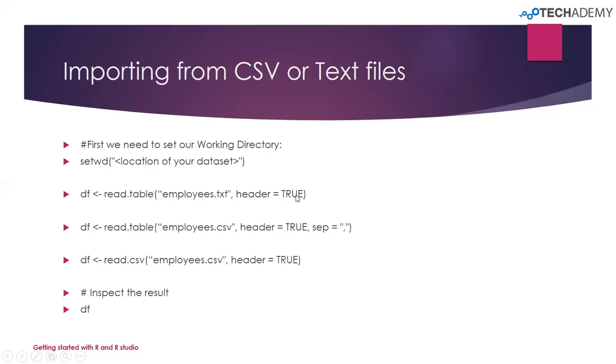It has some attributes to further configure how to read the data, such as whether there is a header in that particular Excel sheet or CSV sheet or not, and what the separator in the CSV is. If I want to specify these, I can, and it will behave accordingly. Finally, I can inspect the result by just specifying the name of that particular object and it will print the result.